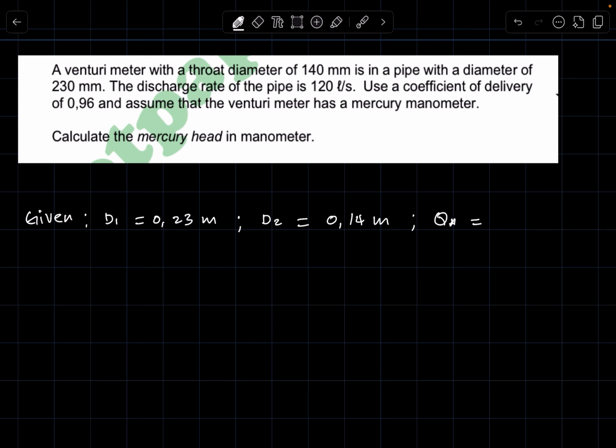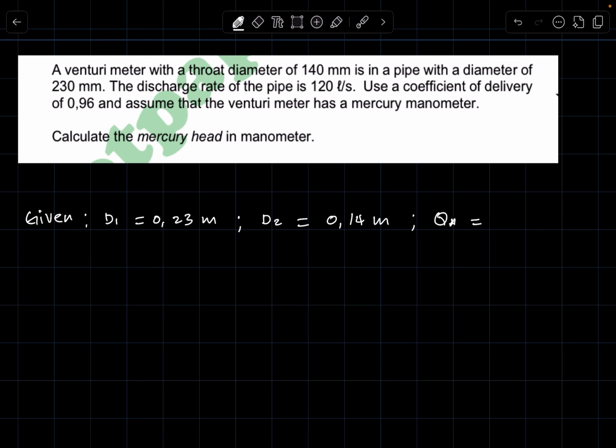So our discharge here has been given as liters per second. In our calculations you must always use the standard units of measurement, and the standard unit of measurement for a flow rate is cubic meters per second. So this you have to convert from liters per second to cubic meters per second. That is to say that you divide this by 1,000, converting liters to cubic meters.